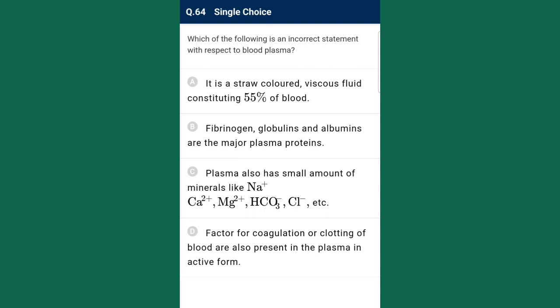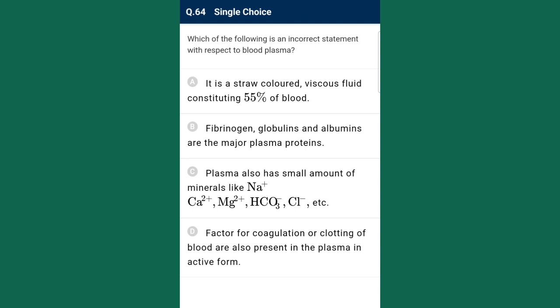Question number 64. Which of the following is an incorrect statement with respect to blood plasma? From the given four statements, plasma is a golden yellow straw colored liquid portion of the blood which constitutes 55% of blood.